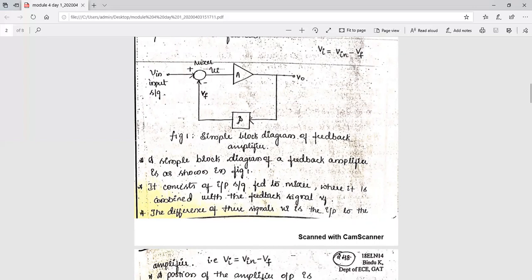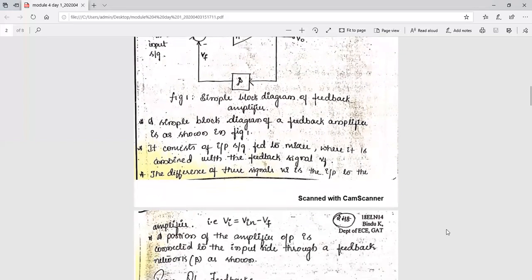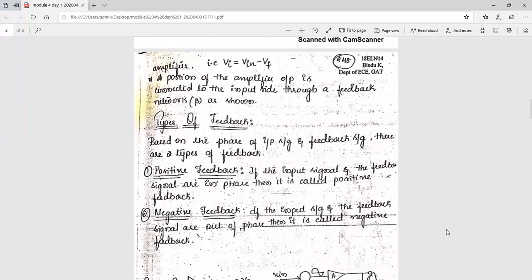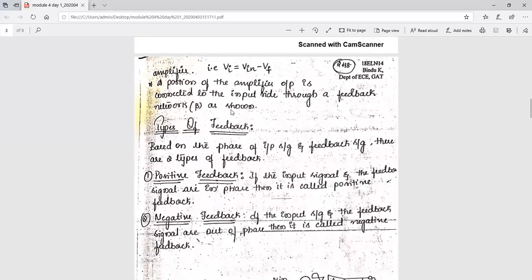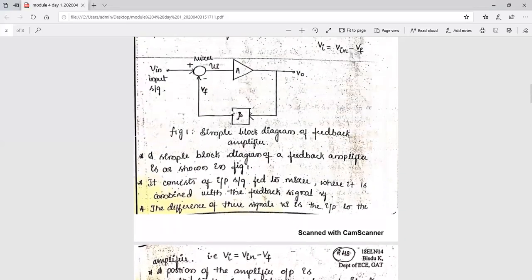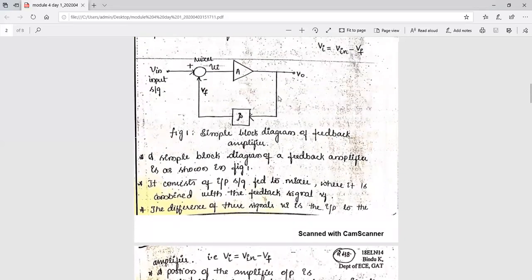So we can see that Vi is equal to Vin minus Vf. So a portion of the amplifier output is connected to the input side through the feedback network beta, that we have clearly seen here.